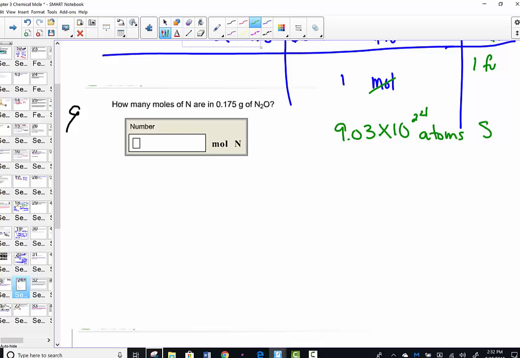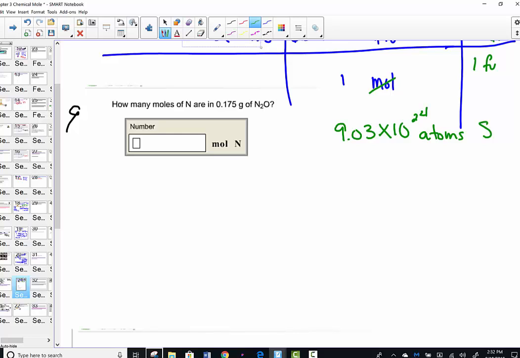Number 9 allows us to practice that same skill, and you'll see this one on your sapling. So let's set this one up as well. Same skill. How many moles of N are in 0.175 grams of N2O? There is a clue there that lets me know that there's 2 conversions involved.